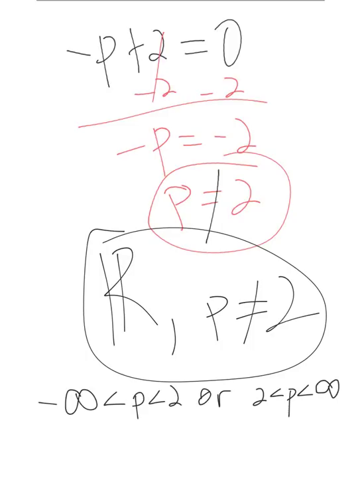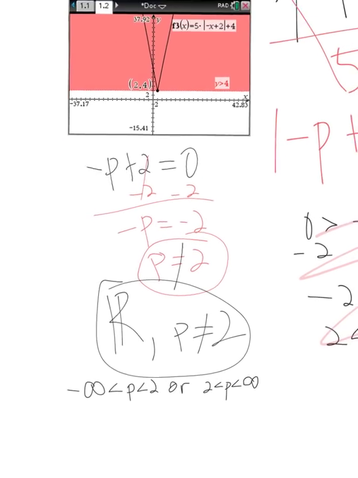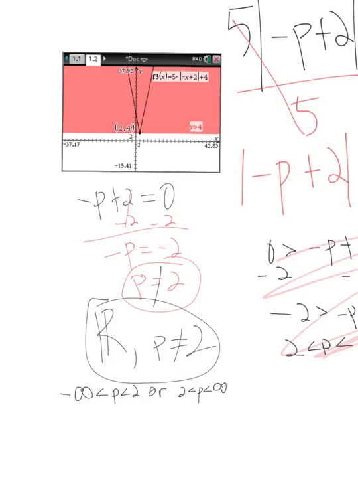Inequality form. It would look like this. It would be an OR problem. And so it would be negative infinity to 2 or 2 to positive infinity. So that tells me you can never equal 2. So that's a long-winded explanation of saying all real numbers, but you can't equal 2.